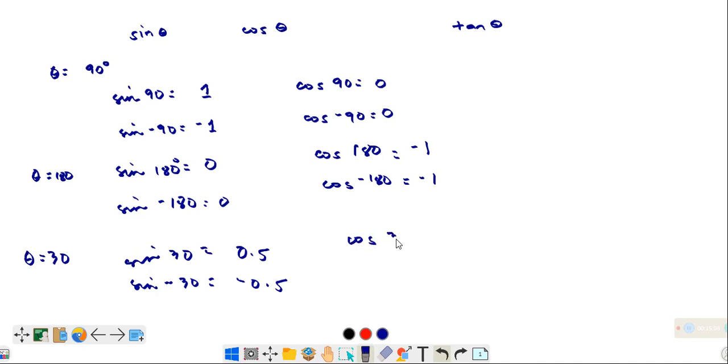Si cosine 30 ay approximately equal sa 0.87. And then, si cosine negative 30 ay approximately equal sa 0.87 pa rin.